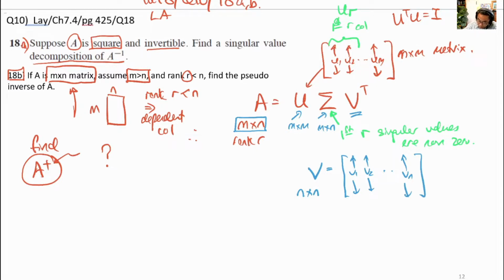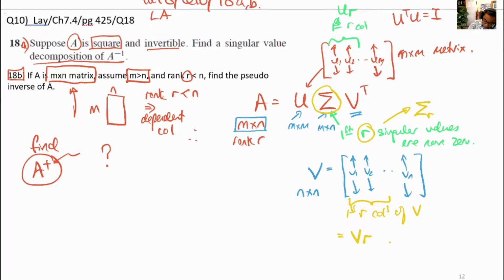Again, only the first r columns of V are important, because as before, only the first r singular values are non-zero. We call the first r columns Vr. We also call the square matrix sigma r the one consisting of only the first r singular values that are non-zero.